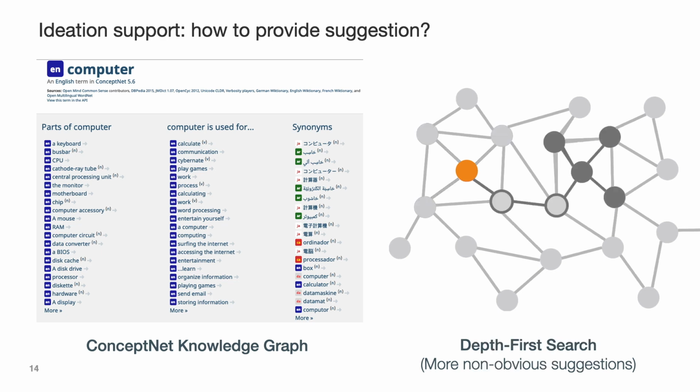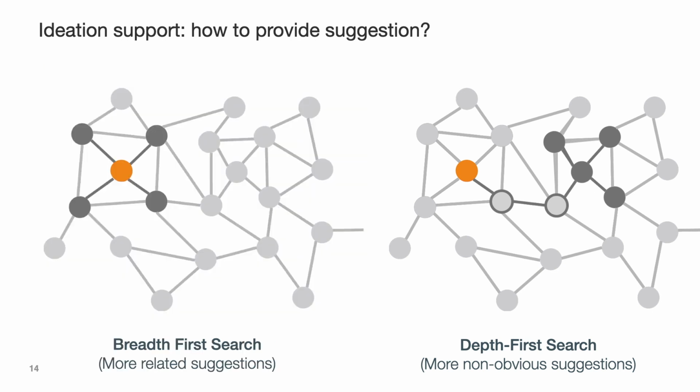In contrast, if we define our search bias to be more depth-first search, the biased random walk is more inclined to visit nodes further away from the starting node, and we come across associations that are not obviously related to computer. We utilize both depth-first search and breadth-first search suggestions in our system in order to support the different creative tasks a user may encounter. For more information about the biased random walk, please refer to the paper.